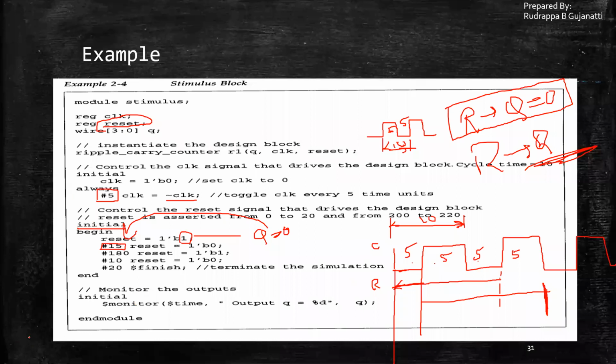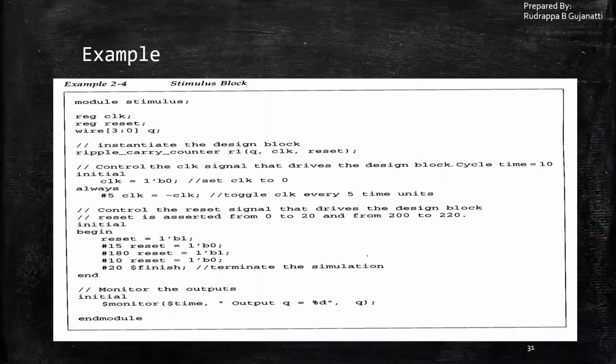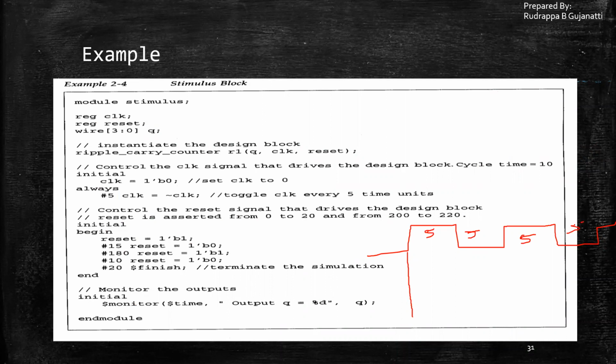As per the program, I guess they have considered it from this point. So that is 5, 5, 5, and 5. Here this is the clock, this is reset. Reset is high from 0 to 15 units.